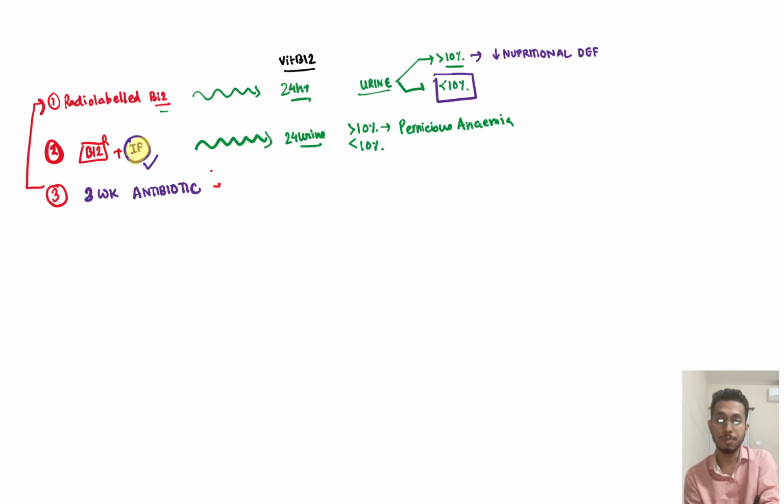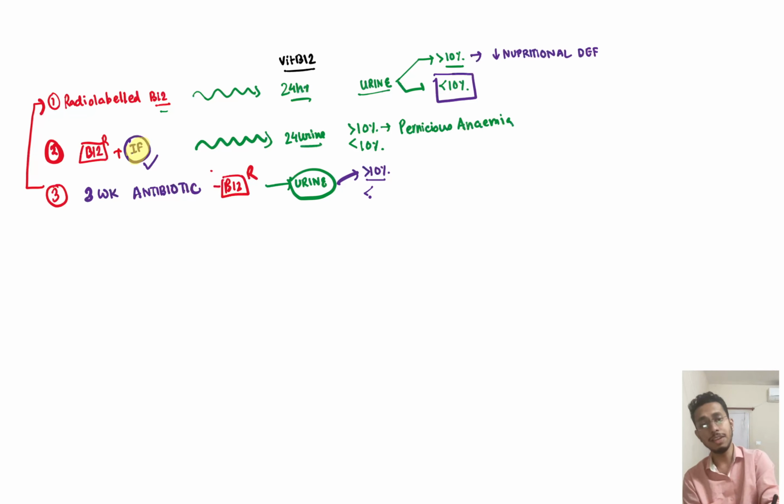Radio labeled B12 is given and measured in the urine. Now, if it improves, that is more than 10% comes here, it means there was small intestinal bacterial overgrowth which recovered with the antibiotic course, and the B12 deficiency recovered.